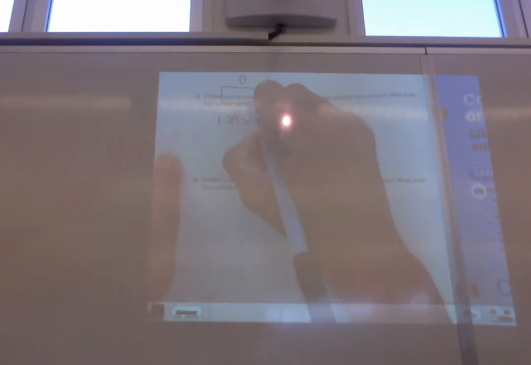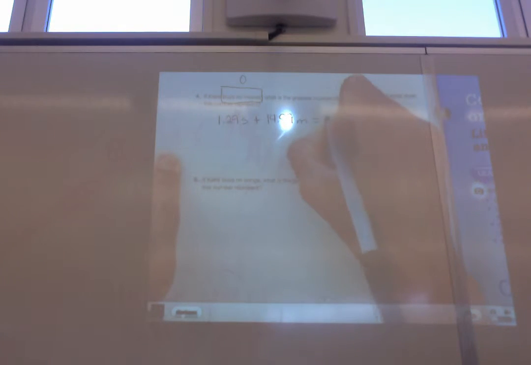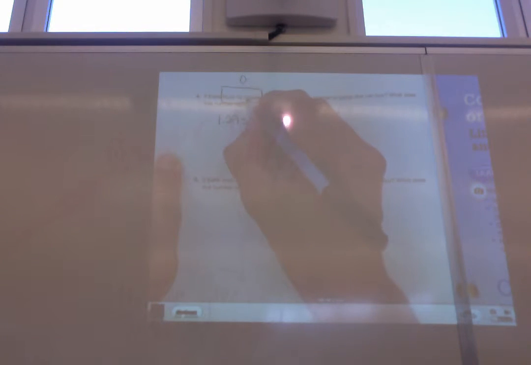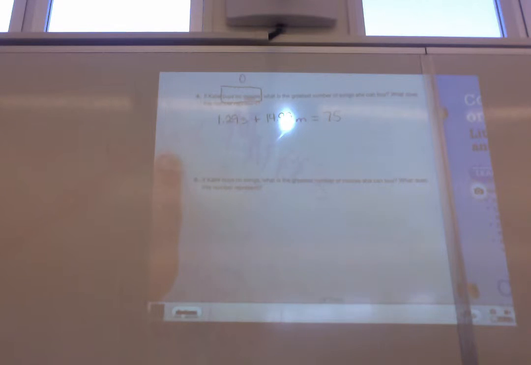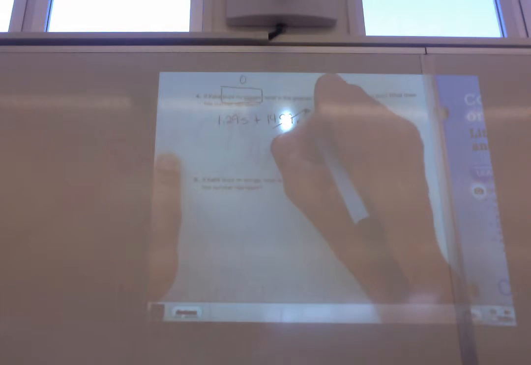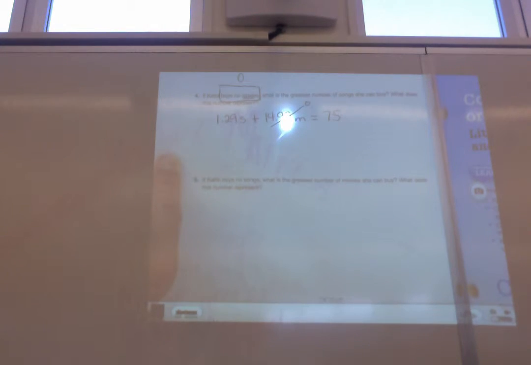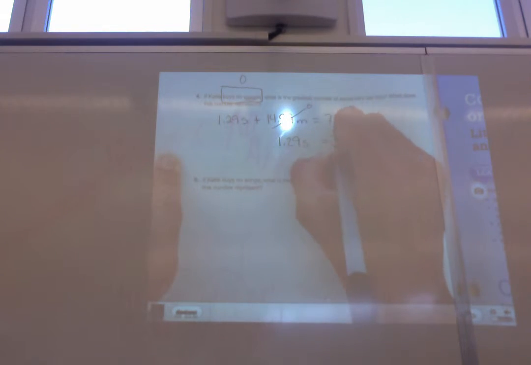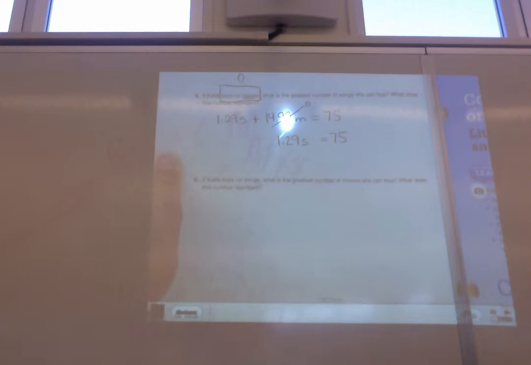1.29S plus 14.99 movies equals 75. They just told me movies is 0. They just told me this piece is 0. No movies are getting by. Okay, so what I know then is 1.29S is the amount of money, or I got the whole 75 just for songs.